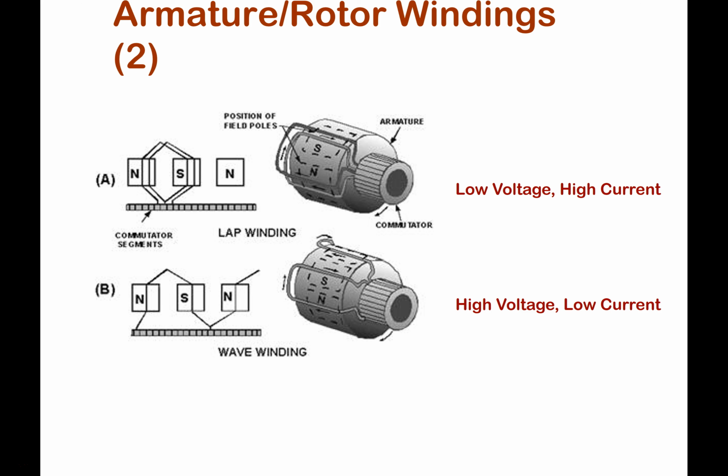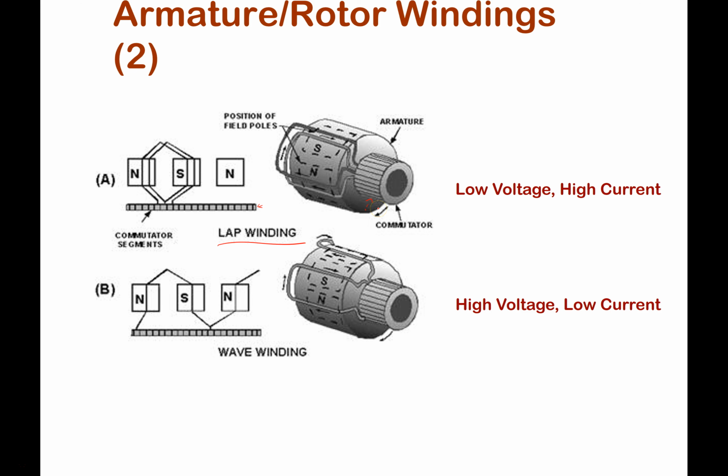One way is what we call a lap winding, and this way basically we put the windings, the conductors, in parallel. So you see here all the little conductor loops, they lap each other, so they're called lap windings. And this shows you here on the bottom, this is the commutator segment.